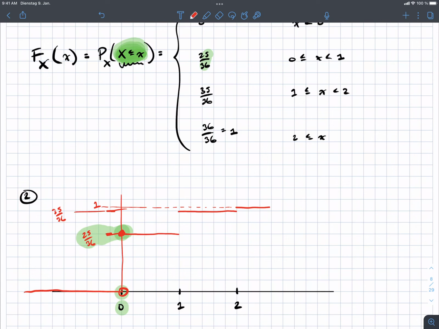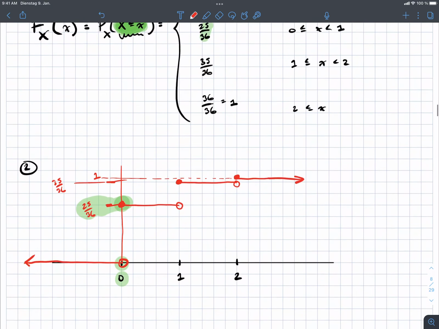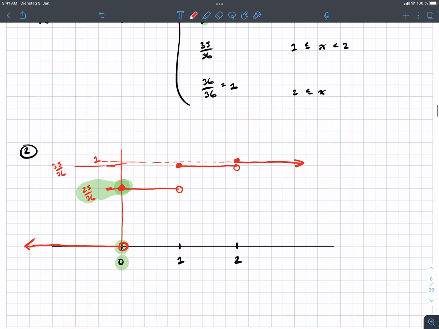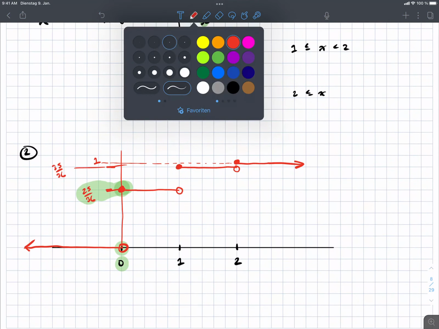And same here, if I put in the value 1, it does not take the value 25 over 36, it takes the value 35 over 36. And here, if I put in the value 2, it's going to take 1 and not 35 over 36. So I could put these arrows, those go out to infinity. So that's how we would draw a picture of that CDF.